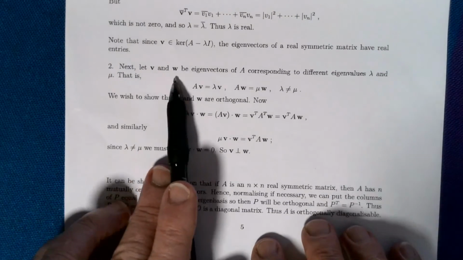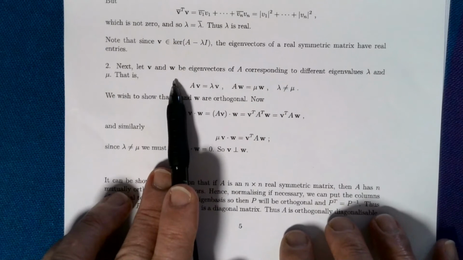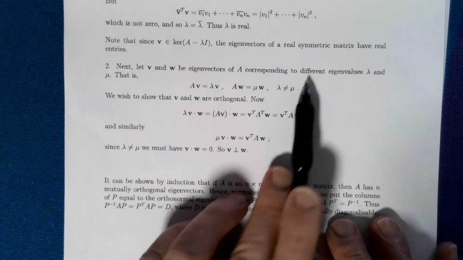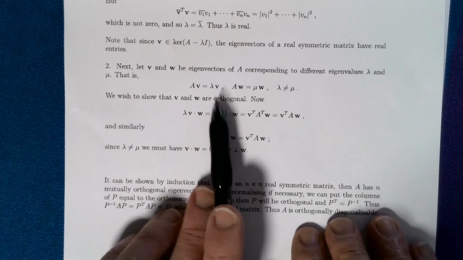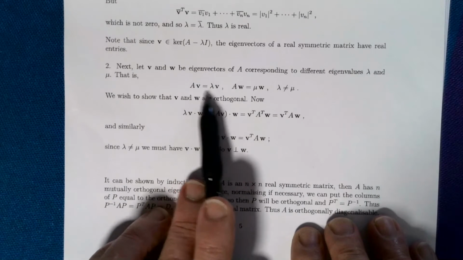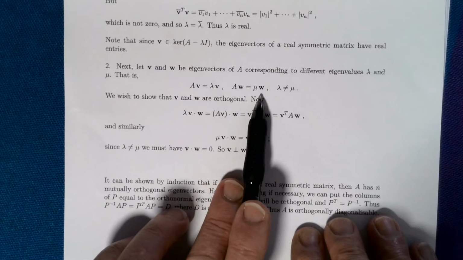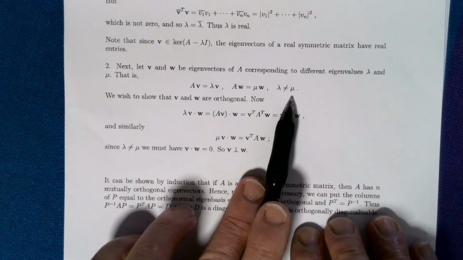So if we take V and W to be eigenvectors of A corresponding to different eigenvalues lambda and mu, that is, I can write this down, AV is lambda V and AW is mu W, where lambda and mu are different.